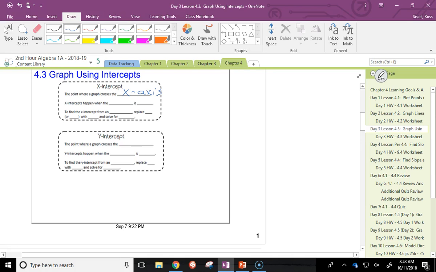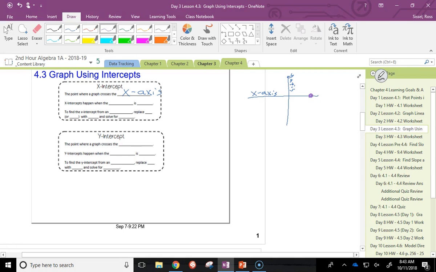So when I ask you about the x-intercept, remember, we're going to be picturing our graph like this. This is our x-axis. This is our y-axis. And when we say the x-intercept, it means where on this line are we crossing the x-axis?